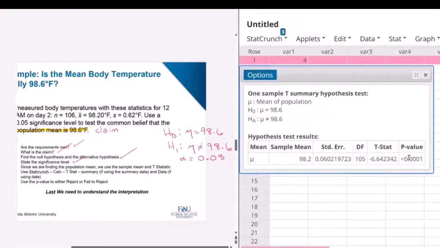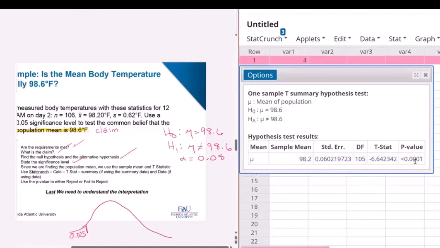Compute. And look at my p-value. Is that p-value smaller than alpha over 2, 0.025? Well, it is. That means if I was going to look at my graph, this is 0.025.